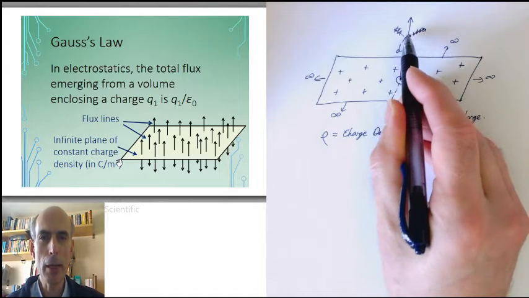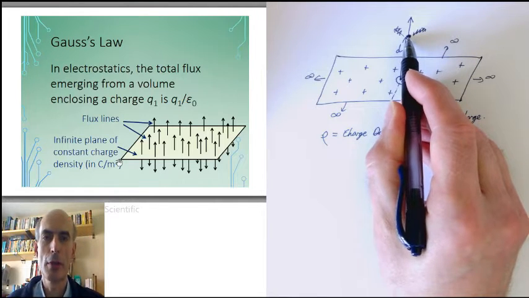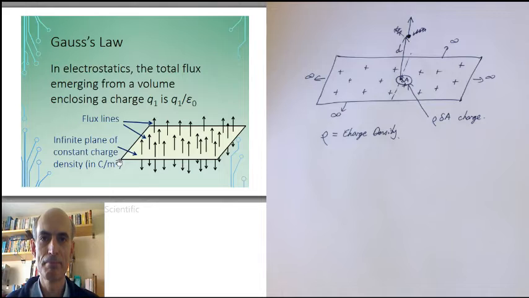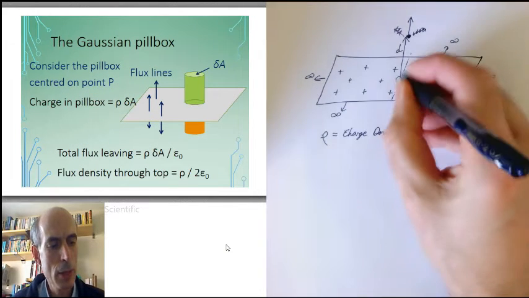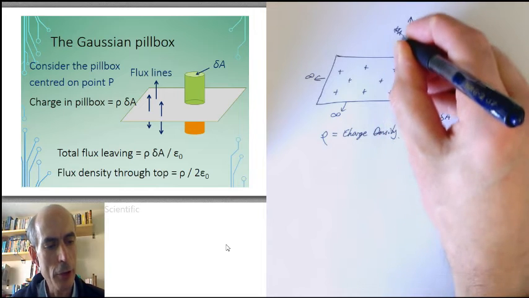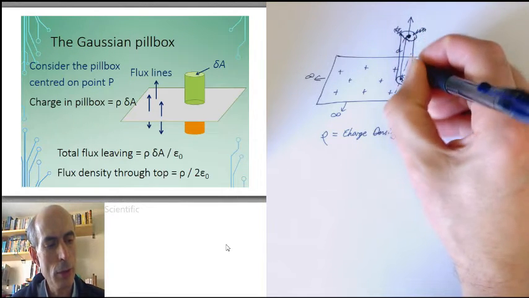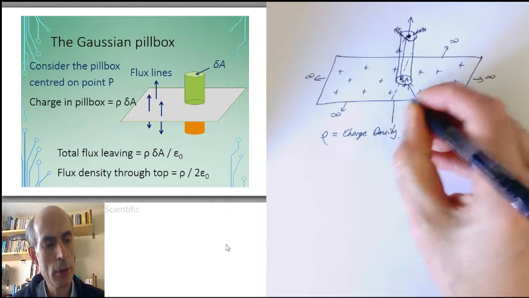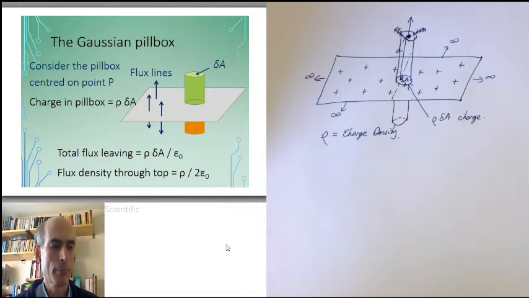But how about the magnitude of the field strength? Well, to work that out, we have to introduce the concept of the Gaussian pillbox. The Gaussian pillbox is a narrow cylinder which goes perpendicular to this infinite plane of charge.